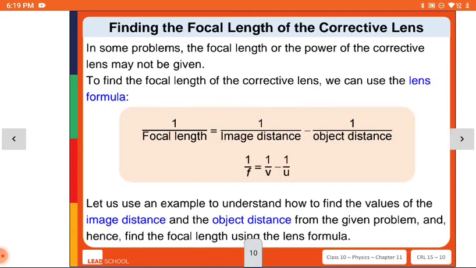The lens formula is 1 upon f equals 1 upon v minus 1 upon u, where v is the distance of the image and u is the distance of the object.